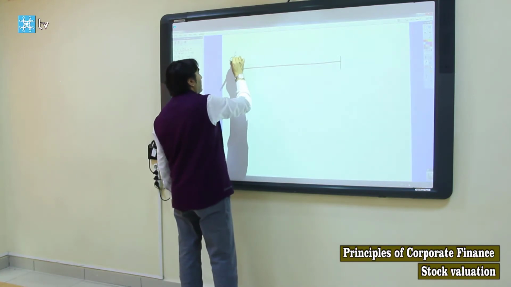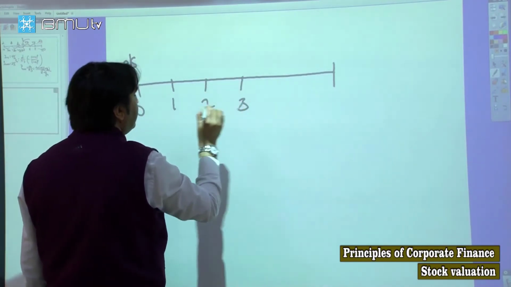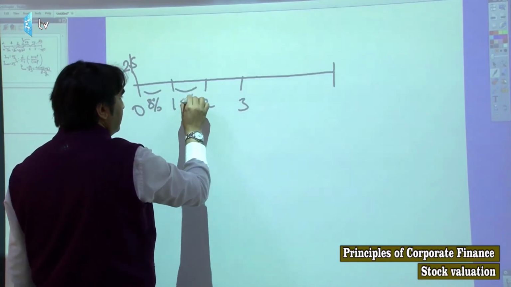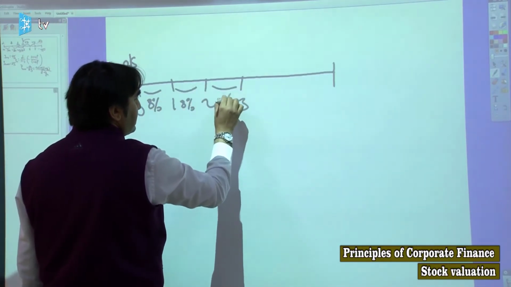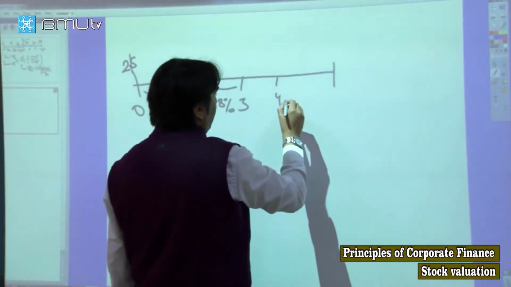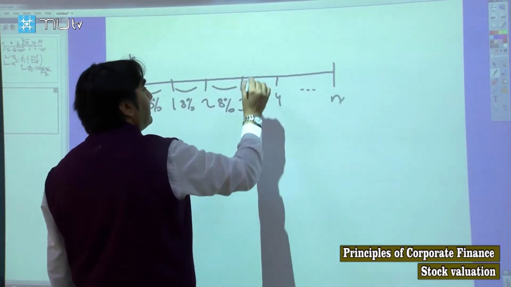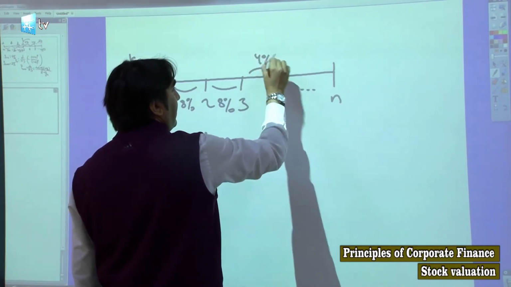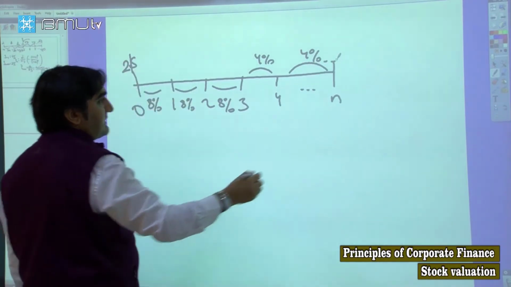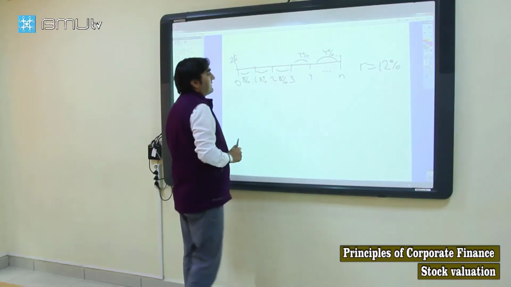It just paid $2 and it grows 8% for the first 3 years, 8%, 8%, 8%. And starting from the third year it grows at 4%. It's a perpetuity. 4%, 4% and others.